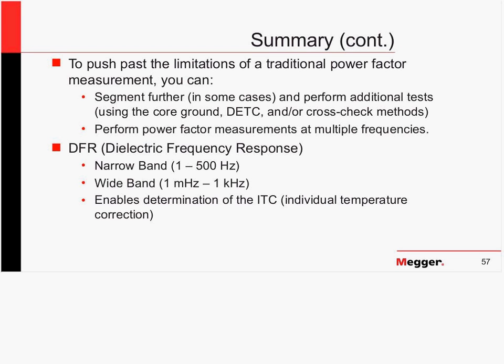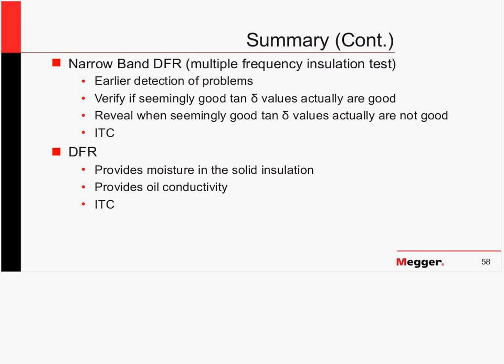There's two types of DFR tests: what we call the narrowband, and then what you would probably think of most when you hear dielectric frequency response, a wider band of frequencies and an insulation modeling capability. Both will enable determination of an accurate individual temperature correction for the transformer or bushing you're testing.